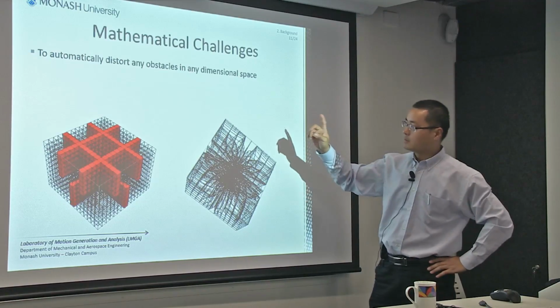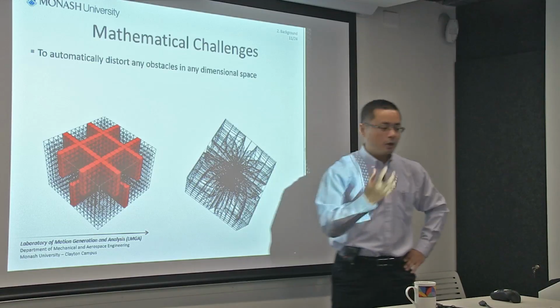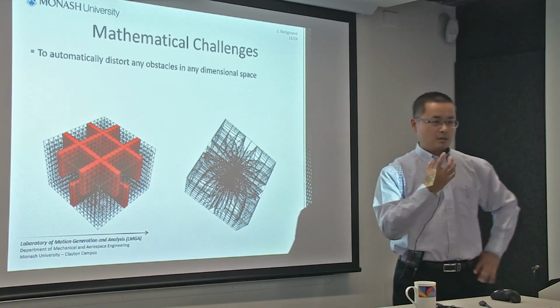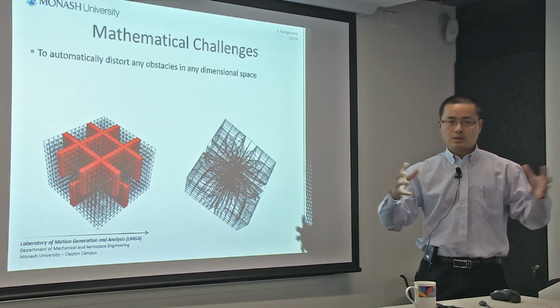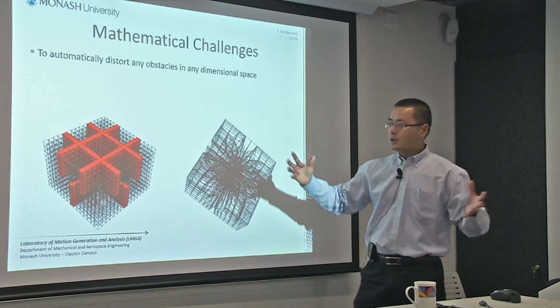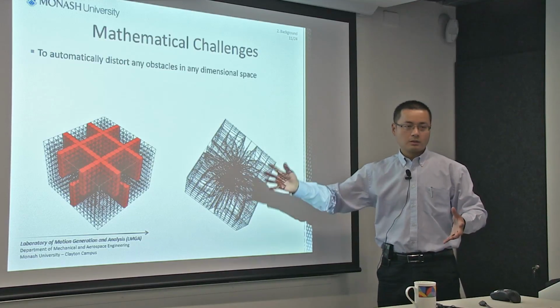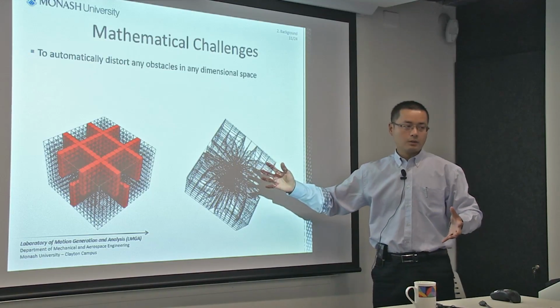So what is the problem? The problem is how can we automatically compress or deform arbitrary obstacles in this configuration space and create a distorted space without obstacle.